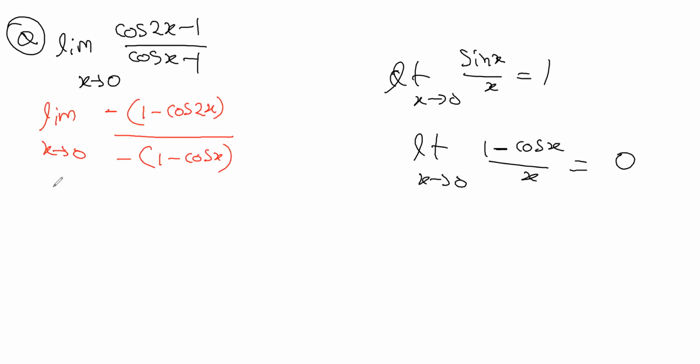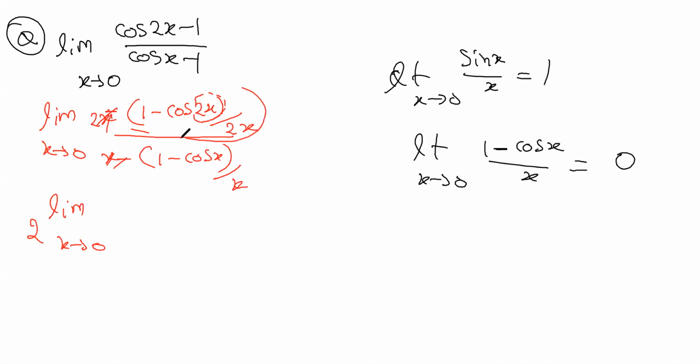Then if I cancel this, here I should get x, that is the coefficient of this one. If I take it as 2x into 2x by x into x, I can cancel this 2 and 2. I will get 2 outside.